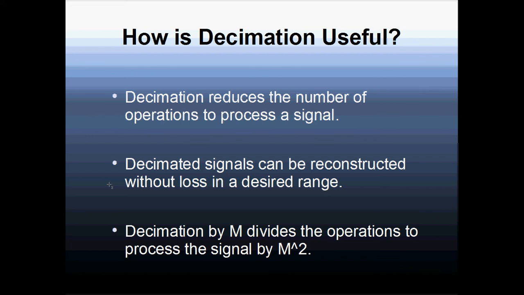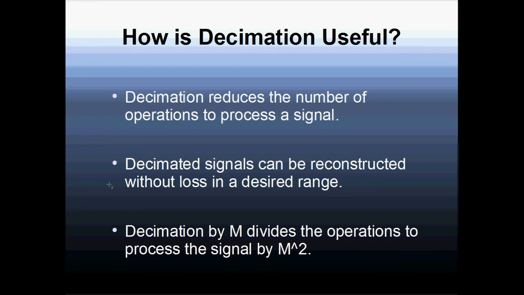Decimation, however, does not reduce the initial cycles to accumulate the data, so it is only worth using for computational savings if the computation time is significant relative to the collection time where you're accumulating data. This limitation can be partially overcome by decimation in sequence, multiple stages of decimation.